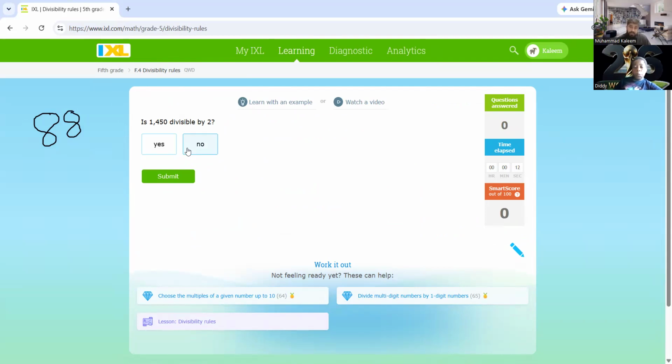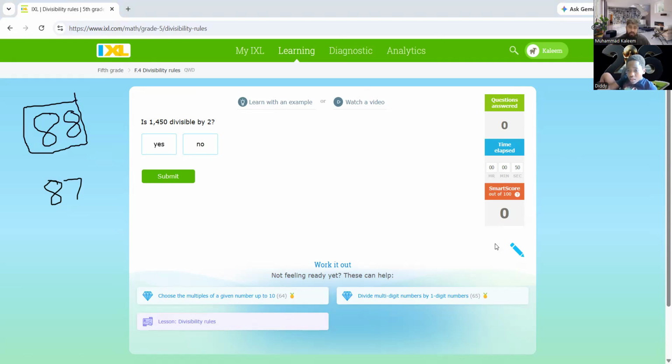Why did you say yes? Because every even number can be divided by two. So which number is called an even number? If we have 87, how did you know this is not an even number? It is because 2, 4, 6, 8 are even numbers. If we get either 0, 2, 4, 6, 8 at the end, then those numbers will be called even numbers.